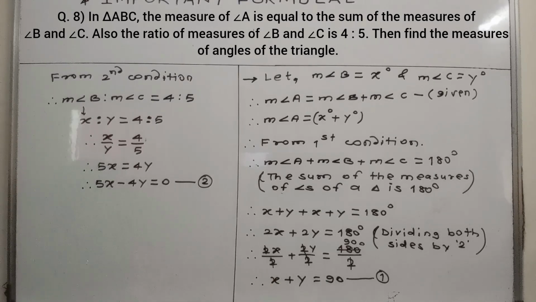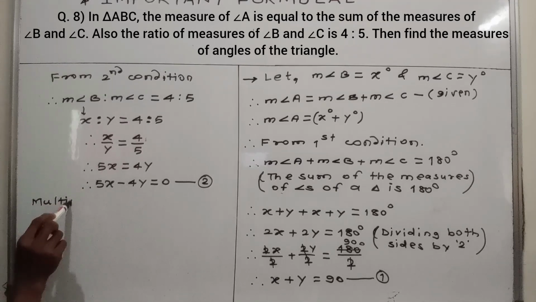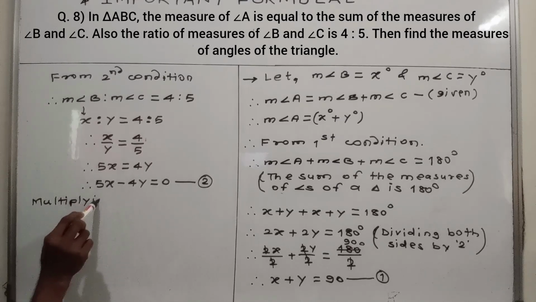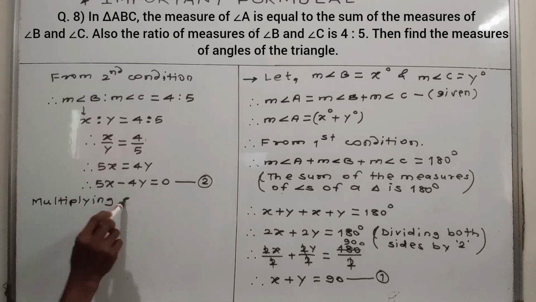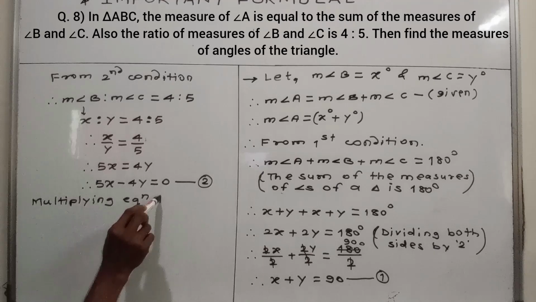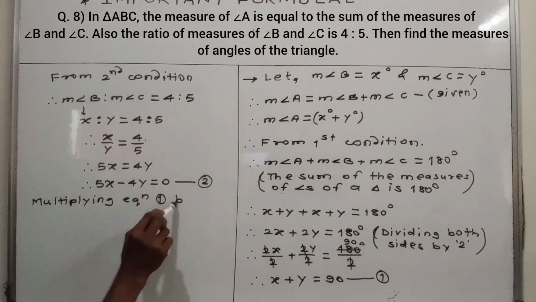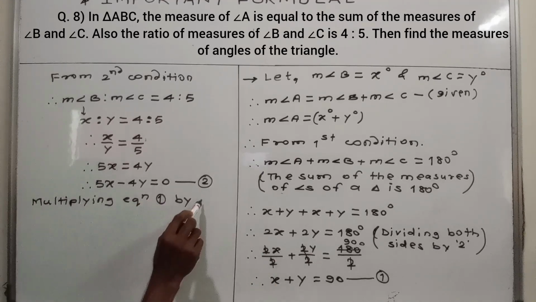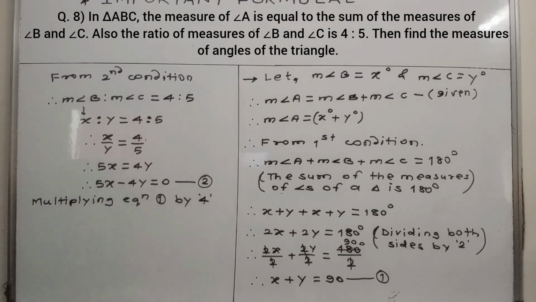Now, see here, coefficients of x are not same, coefficients of y are not same. Now for elimination of variable y, we multiply equation 1 by 4. Did you get it? Then we multiply to this by 4.